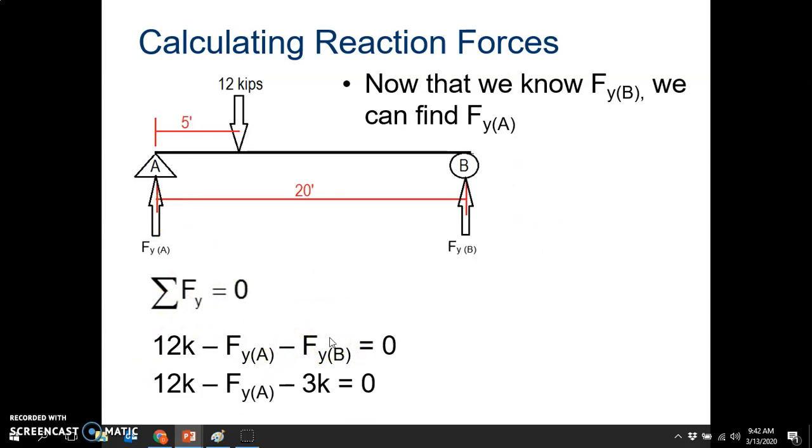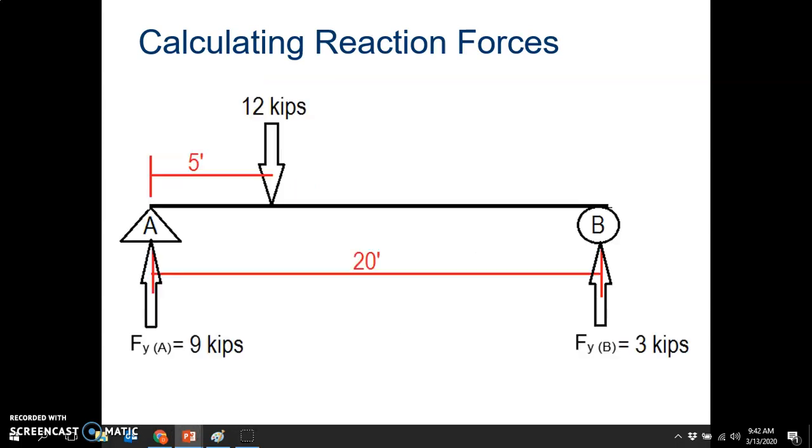And now we can find that F of y of A is equal to 9 kips. So here is the solution. We just figured it out. We have a beam with a load applied right here. We didn't know what the reactionary forces were. We know that in total they should equal 12 because what gets pushed down must get pushed back up, but we didn't know how it was distributed. And now we know that this is 9 and this is 3.